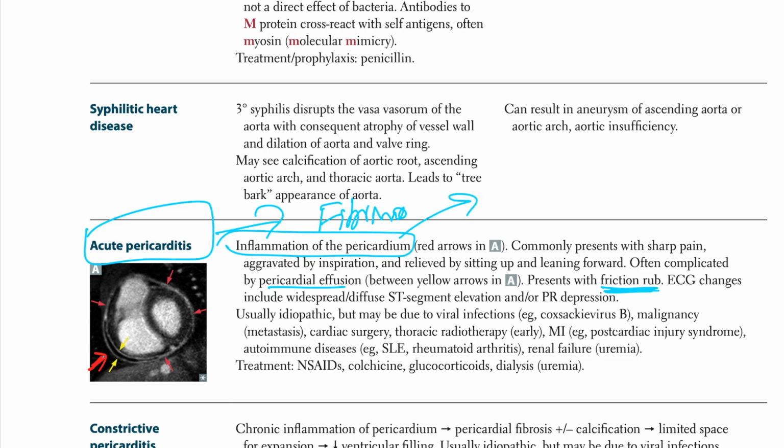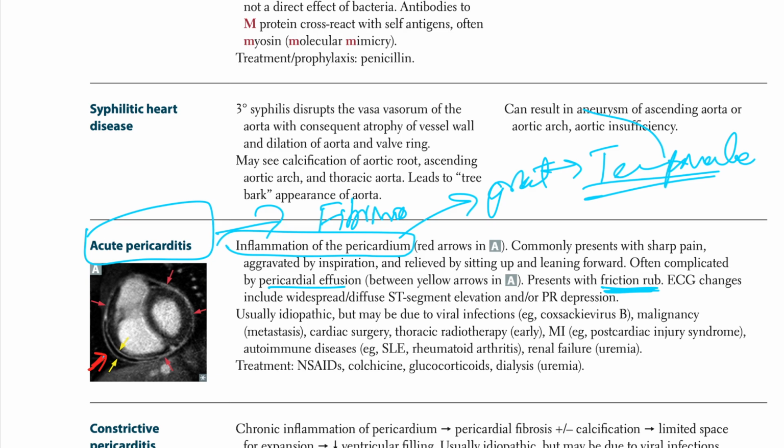If that inflammation extravasates a great deal of fluid, so much fluid, then it's going to cause cardiac tamponade. And what was tamponade again?